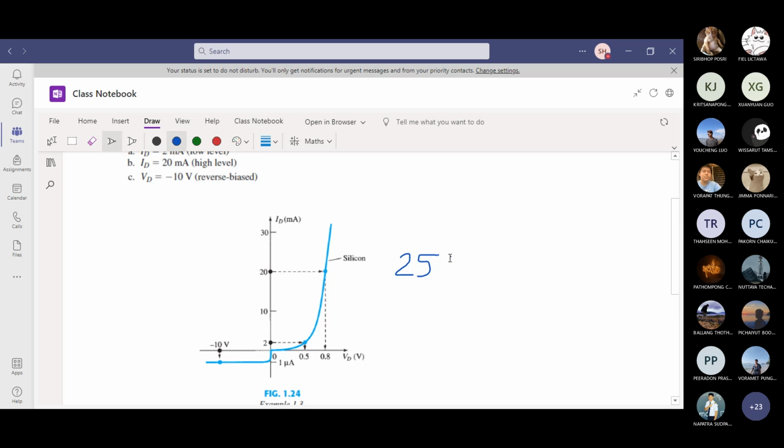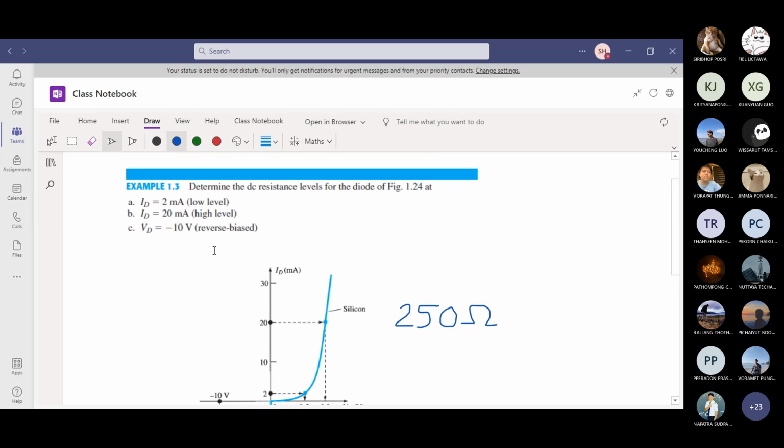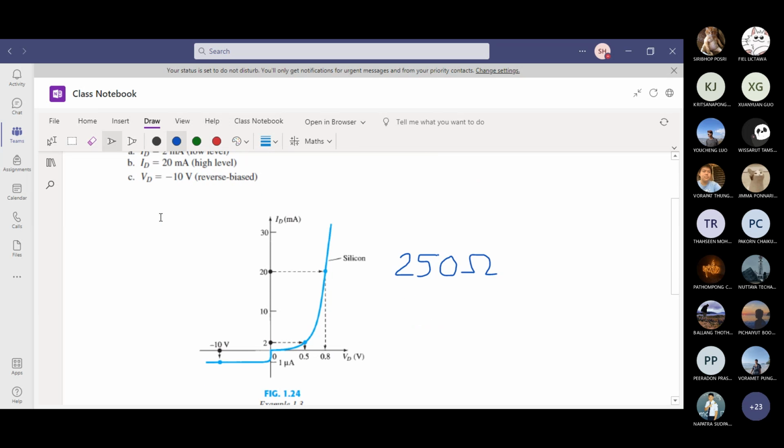Is Napatra here? Yes. Okay, for you, Napatra, when the diode current is now 20 milliamp, what is the resistance? Look at the diagram.